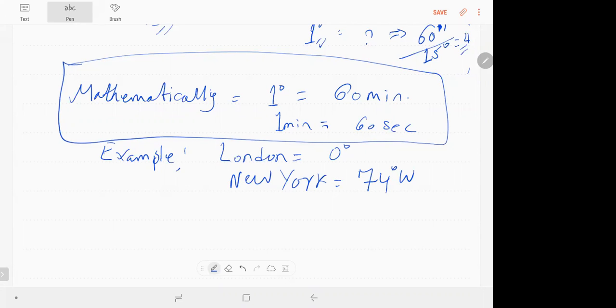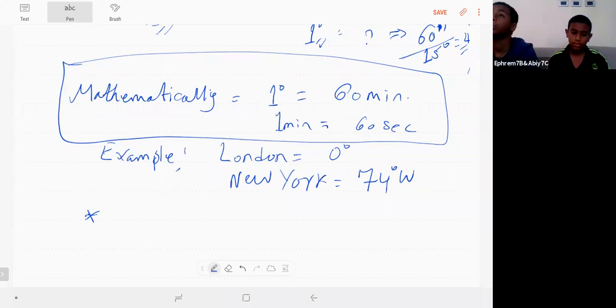Now, to calculate the degree difference and time difference, we use steps. For example, the step is: London is at GMT and New York is 74 degree west, to the west of the prime meridian. Now, London is not west or east, yes? 0 degree or the prime meridian is not east or west. It's the midpoint there, yes?